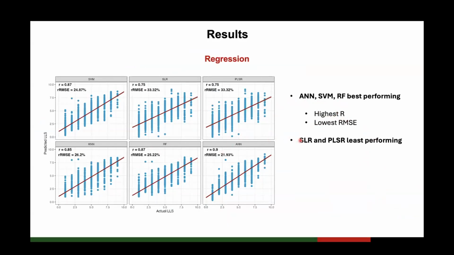Compared to the simple linear regression, which is the ordinary statistical method, the artificial neural network had a root mean square error of 21%, compared to simple linear regression, which had an error of 33%. So you find that there is an improvement in using the artificial neural network in predicting the disease severity.